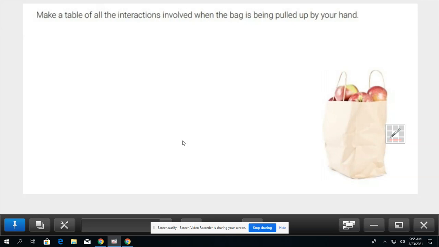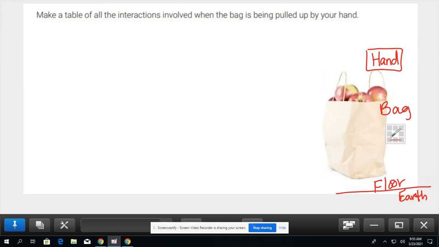We need to think about the components interacting with this system. Our first component is a hand that needs to pull up. There's a bag. There's the floor. And there's also Earth. These are the 4 components.